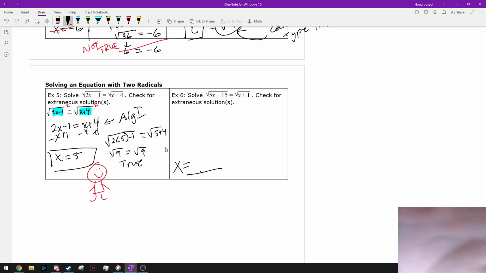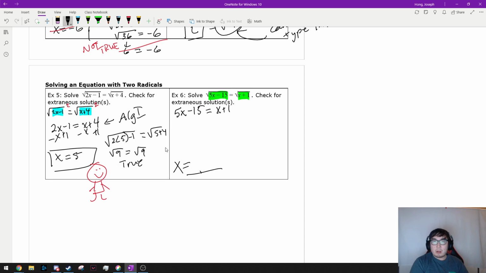So let me just do one last question. Okay, let's try it out. I already told you that the insides are equal to the insides if they're alone. So 5x minus 15 is equal to x plus 1. Because really, you would just square both sides, and then the square root would just disappear.